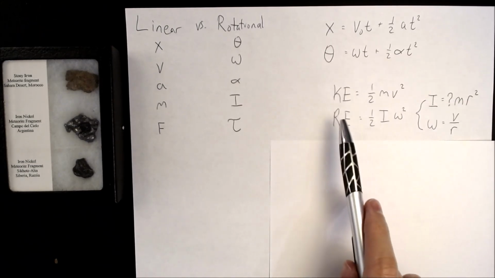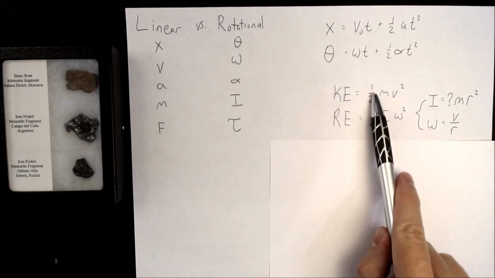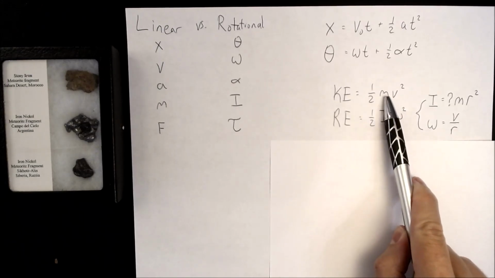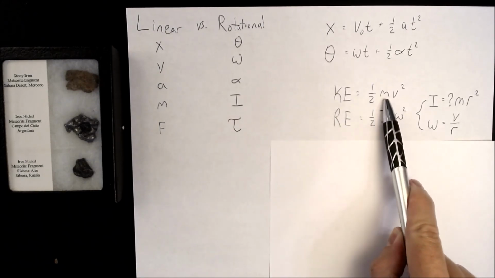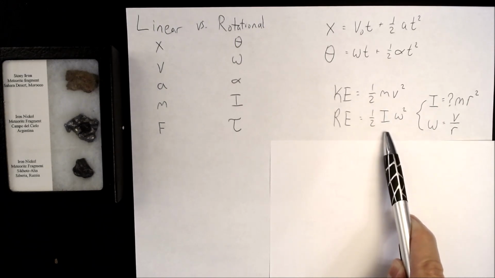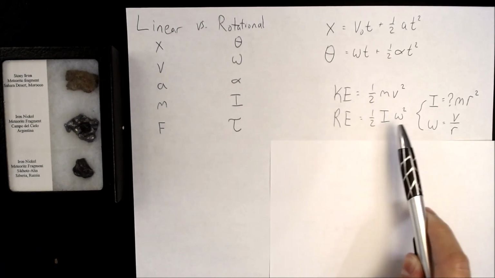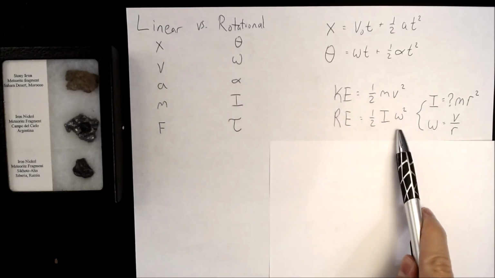Very recently, we talked about kinetic energy versus rotational energy. We kept the 1/2s. We replaced the m with moment of inertia. The mass being how difficult it is to move something, the moment of inertia being how difficult it is to rotate something. And we replaced v with omega.